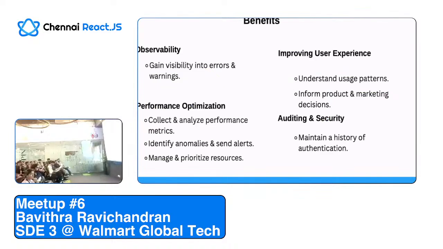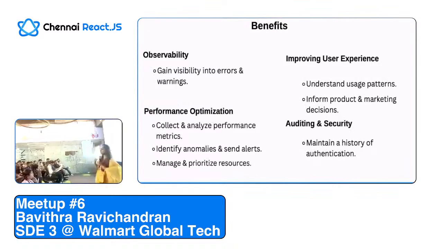And the benefits: we actually have many benefits, but here are some highlights. The first one is observability. Since we are collecting all this data and we have the whole dashboard, we gain visibility into what error is happening and how we can prevent it before it happens.